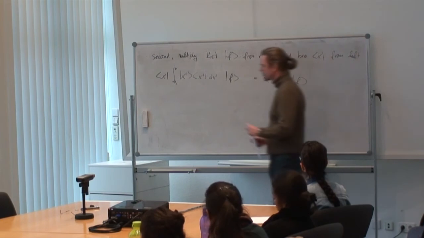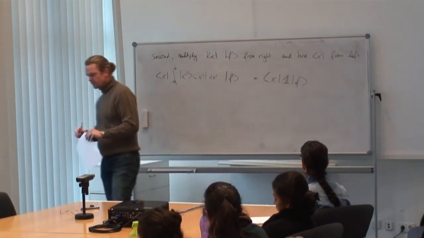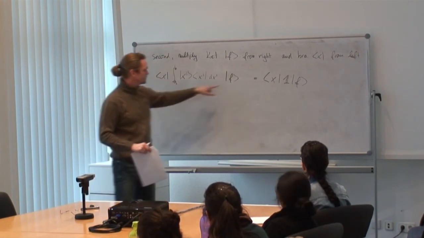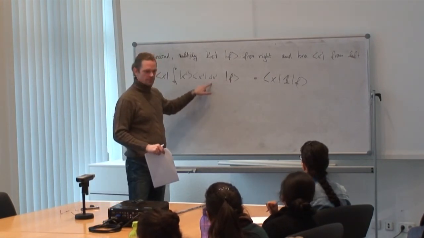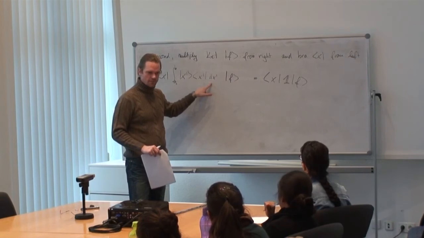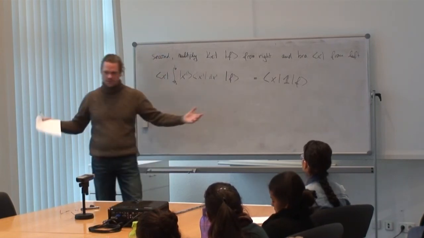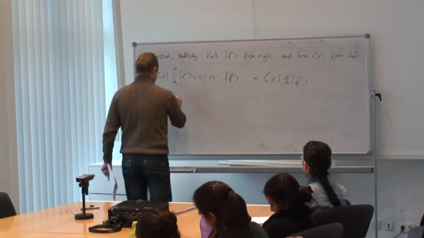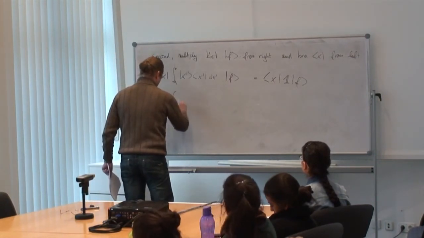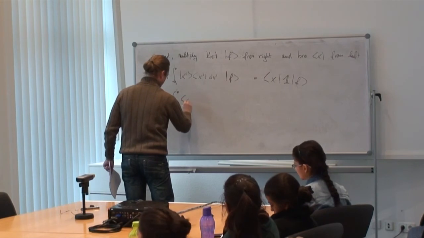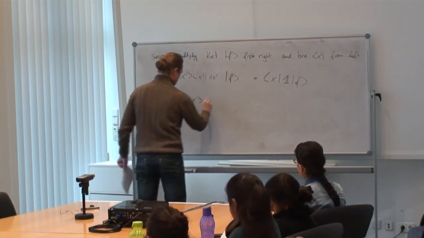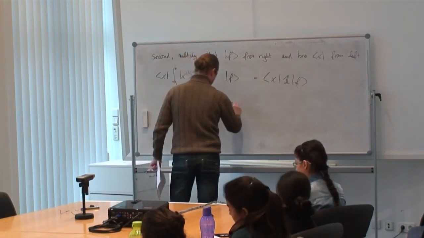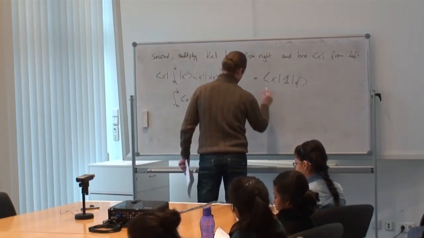Note the following, that neither this vector on the left nor this one on the right depends on the variable of integration. So usually we pull them out, now we put them in, just for the fun of it. This is the same as if we were to compute the integral from a to b, x times x prime times f dx prime, and again on the right hand side nothing changes.